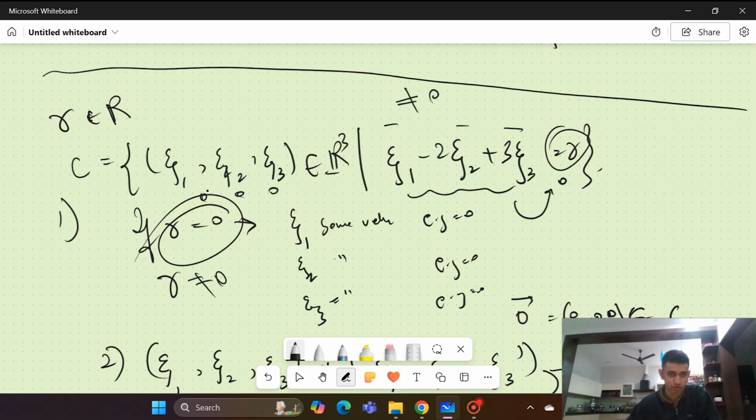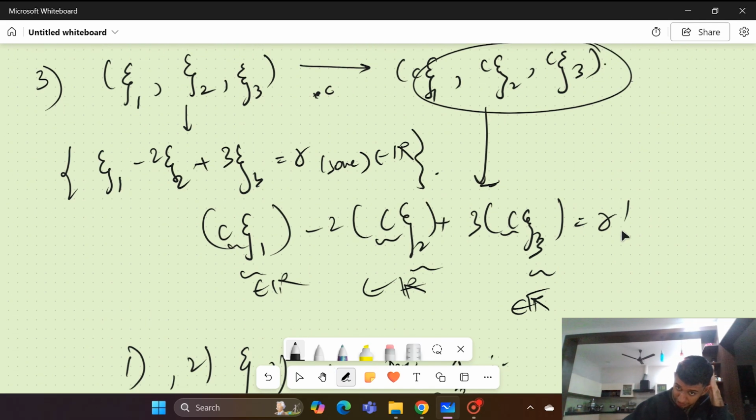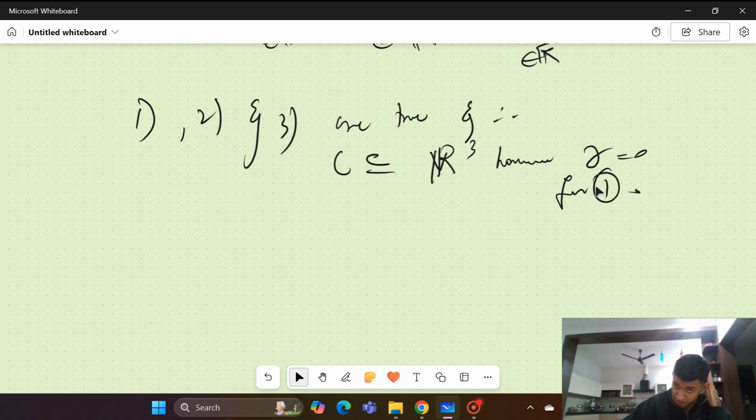And that's not possible because we have to show that the zero vector is an element, so all three of them must be zero. This is immediately a contradiction. So the only way that part 3 is satisfied is on a subcondition of this. When the question asks, is it true for all real numbers? No. However, it's true for the subcase where gamma is equal to 0. So you have to be careful about how you answer the question.